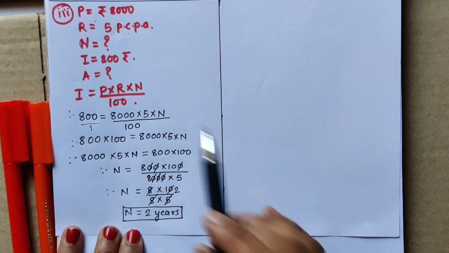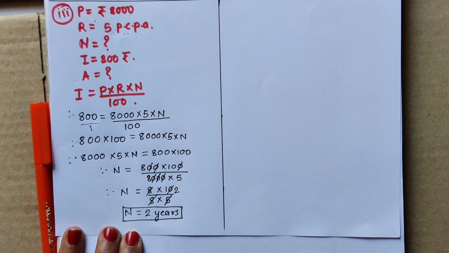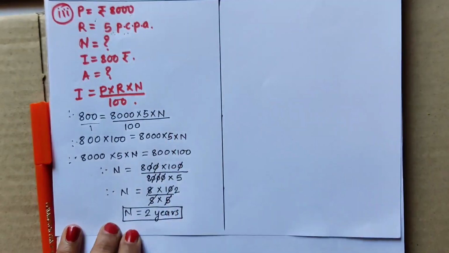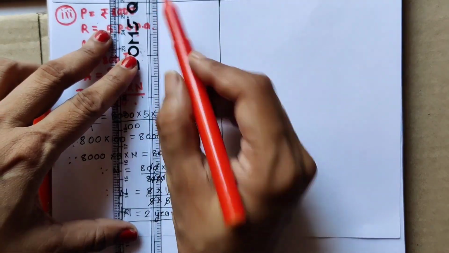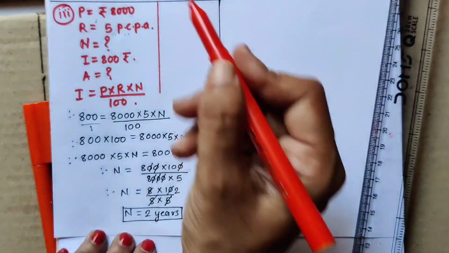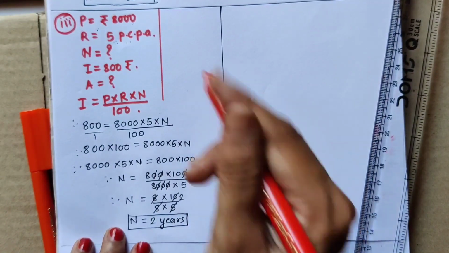Now we have to find amount. Amount is very easy. We all know the formula for amount. So amount I will be writing here. Number of years we have got 2 years.